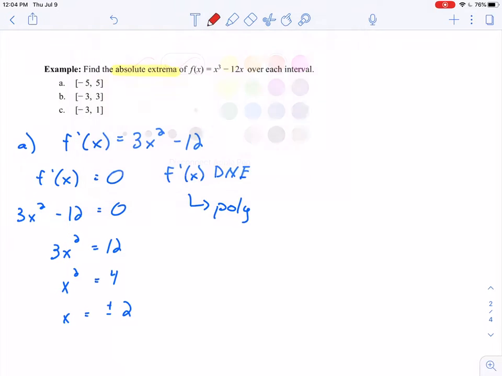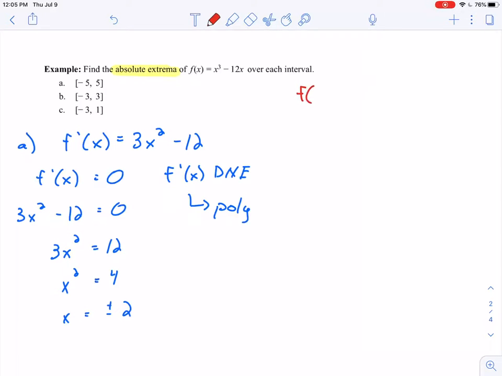I'm going to take each of those four numbers and find the y values that correspond to those x values. And to find the y values, I'm looking at my original function f of x. So I'm going to take negative 5, positive 5, negative 2, positive 2, and plug them into my function f of x, because that would tell me the y value, and then I just need to pick the highest and the lowest one. So let's just get right to it.